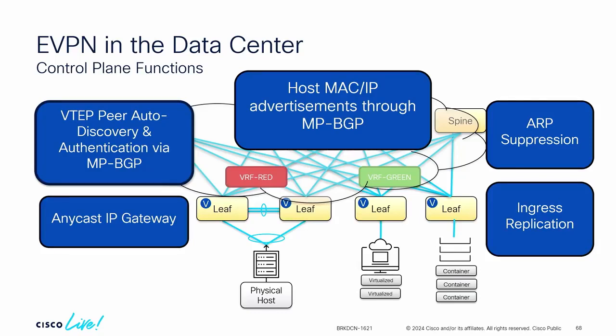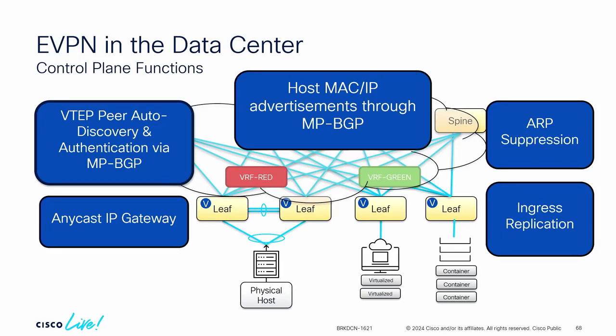Not only that, I have the ability to have more secure authentication mechanisms with BGP. If I just walked into my network with a new ToR and plugged it in and wanted to peer, with BGP you have to authenticate. You can configure that now, so I won't be able to hack and compromise the network. Not only that, I can do things like ARP suppression. ARP suppression is very cool because the VTEP has in its ARP cache information of the endpoints.